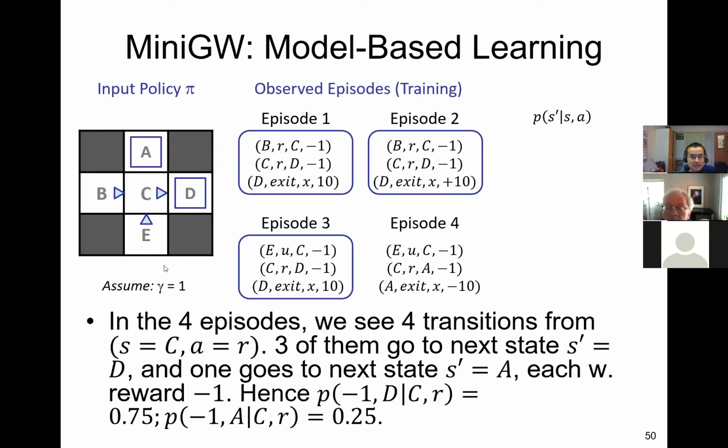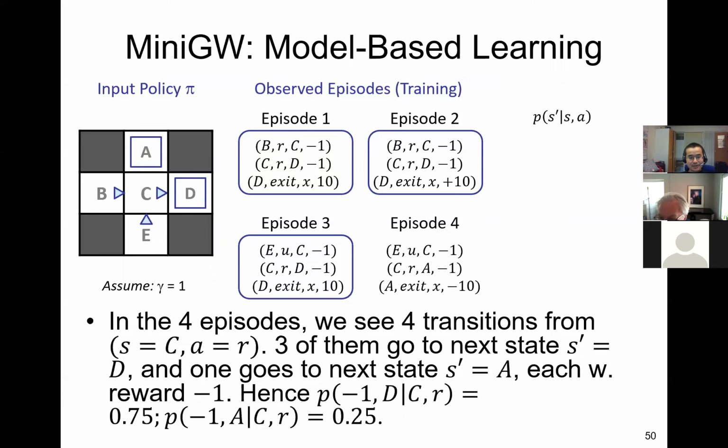So here's an example. You have 4 episodes: BCD, exit, BCD again, ECD, and ECA. Suppose you want to calculate the model for C, the probability of transition by taking an action.